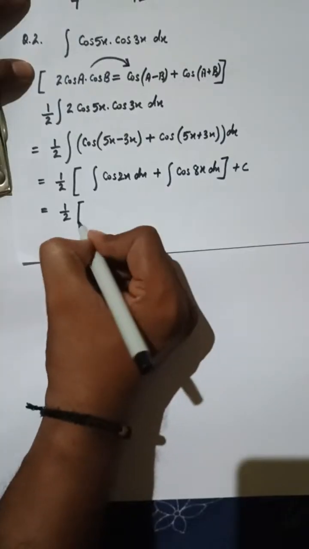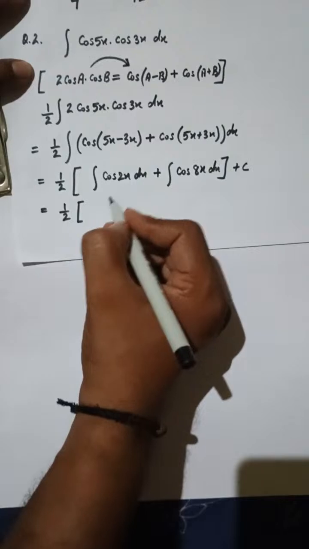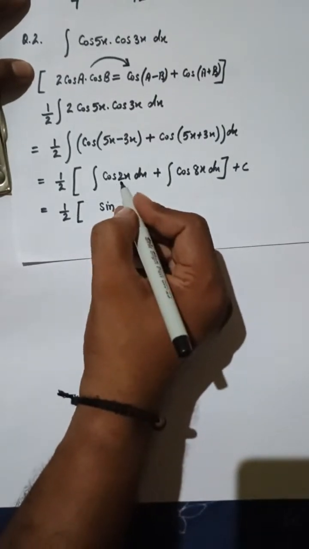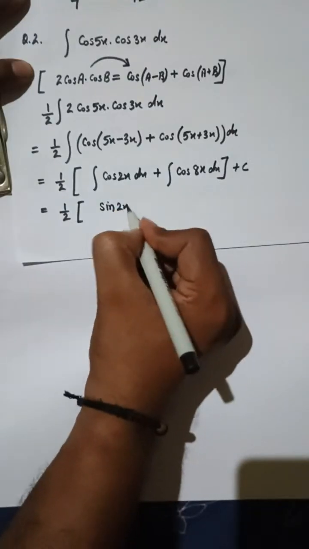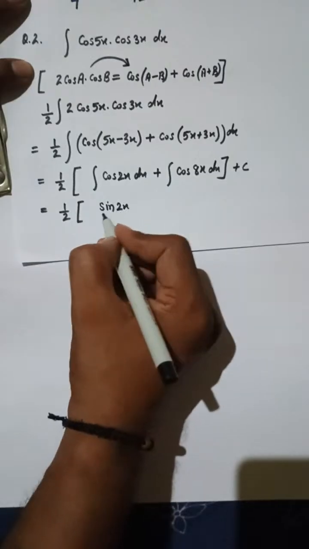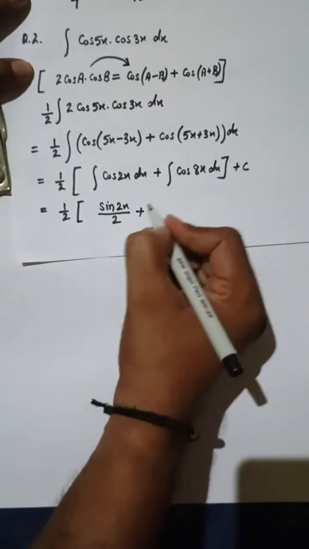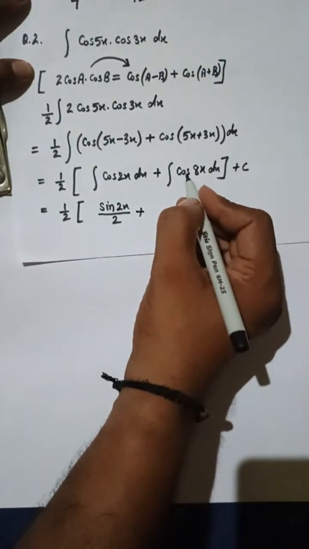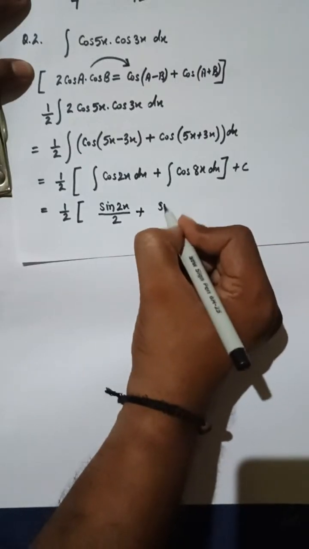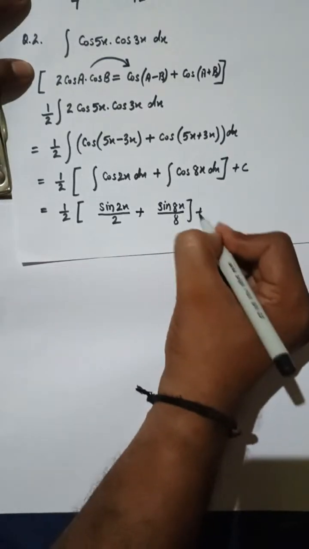So now the integration part is there, and that will be our solution. Integration of cos 2x is sine 2x by 2, and integration of cos 8x is sine 8x by 8, plus c.